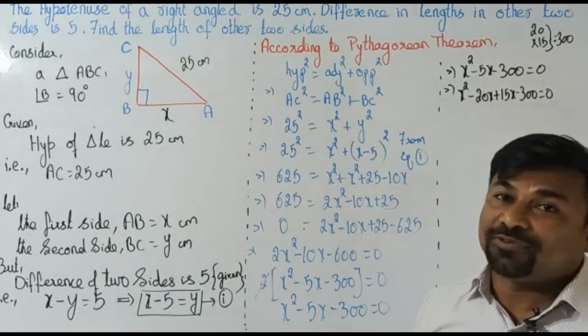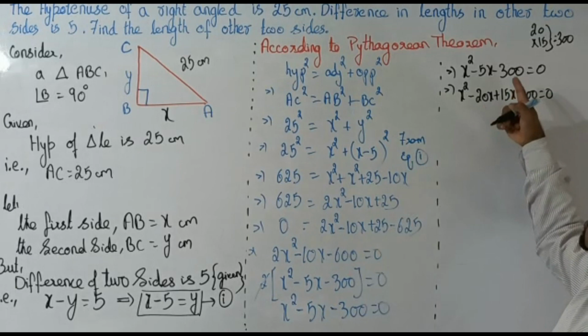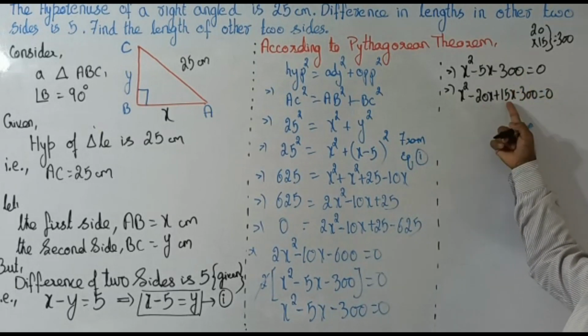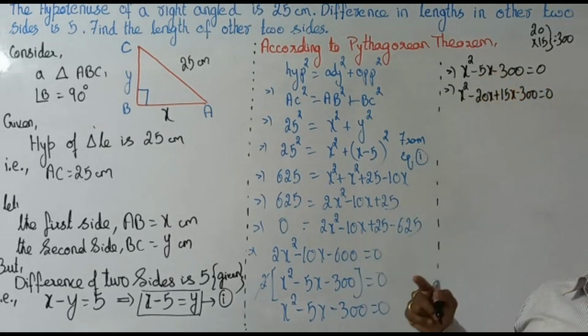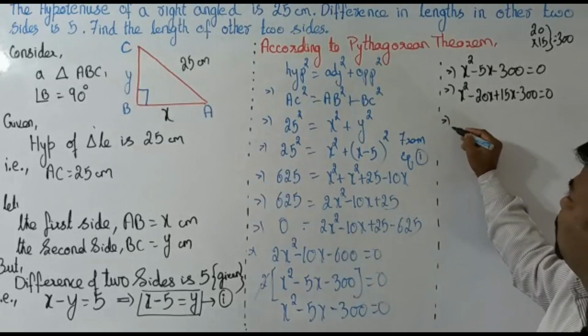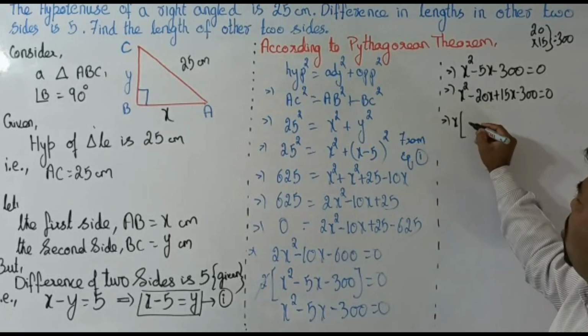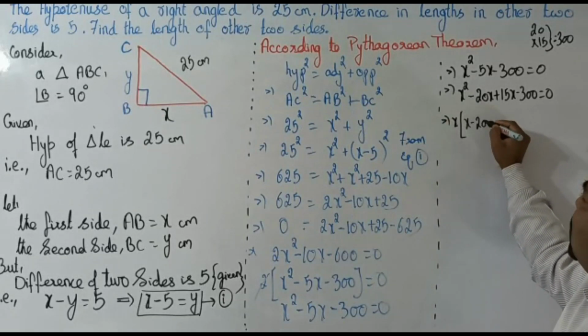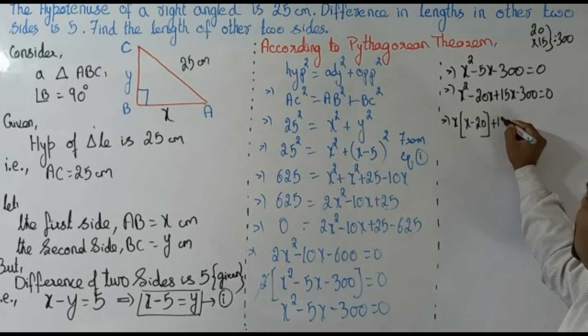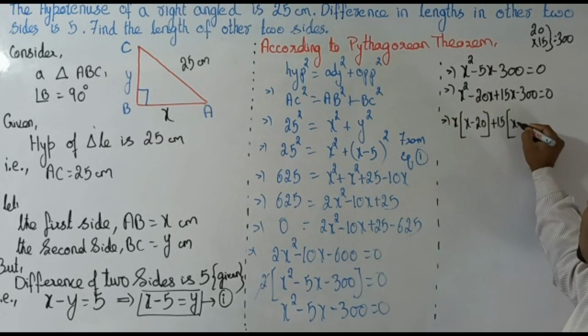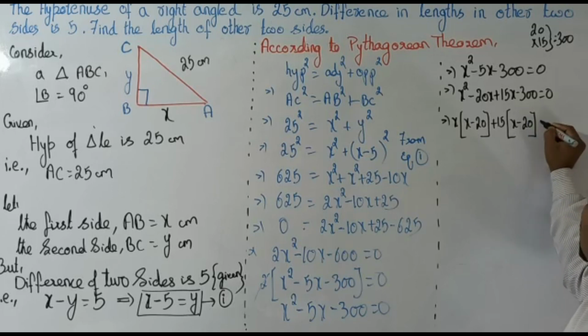I like to factorize it because 20 times 15 is 300 and the difference of these two is minus 5. I take x as common, here it is x minus 20, and if I take 15 as common, again it is x minus 20.